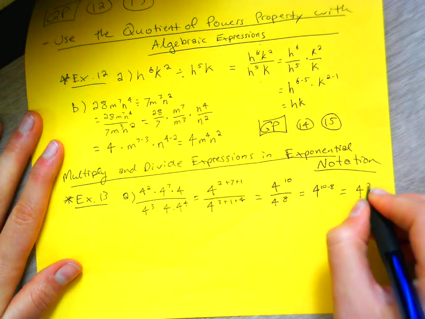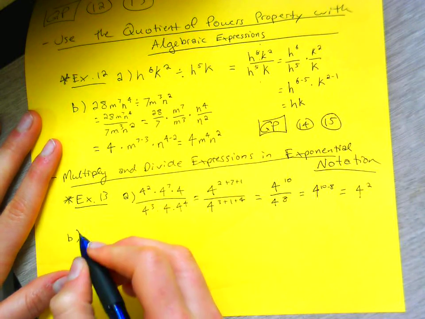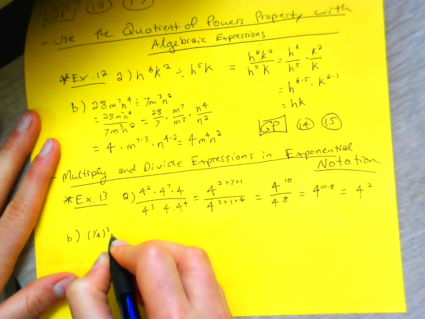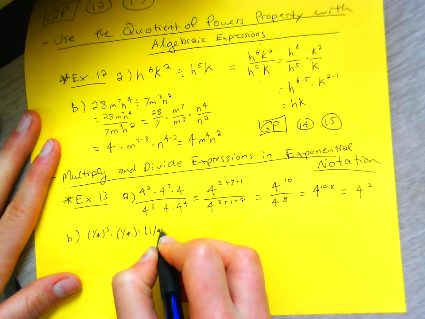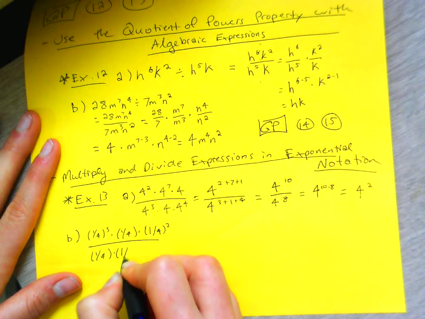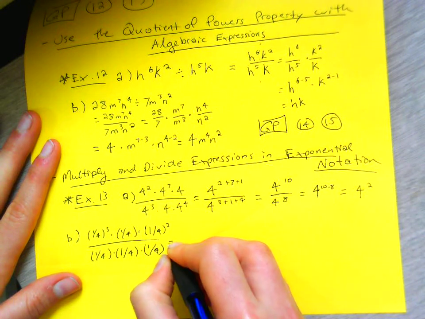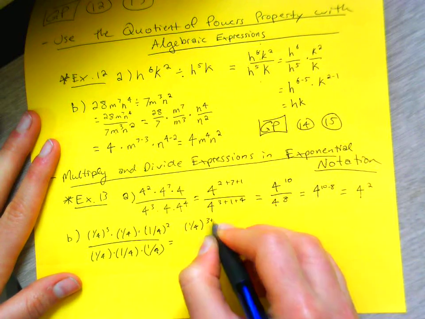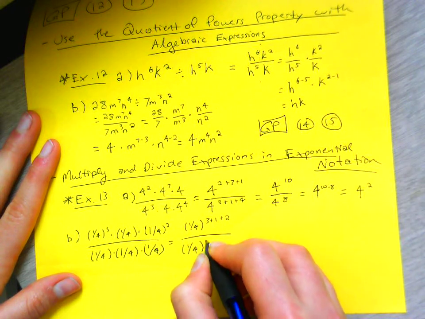Let's try this with a second example. This one's involving the fraction 1/4. So we have (1/4)^3 times 1/4 times (1/4)^2 over 1/4 times 1/4 times 1/4. Let's simplify the tops like we did up here. (1/4) to the power of 3 plus an assumed 1 plus 2, over (1/4) to the power of 1 plus 1 plus 1.